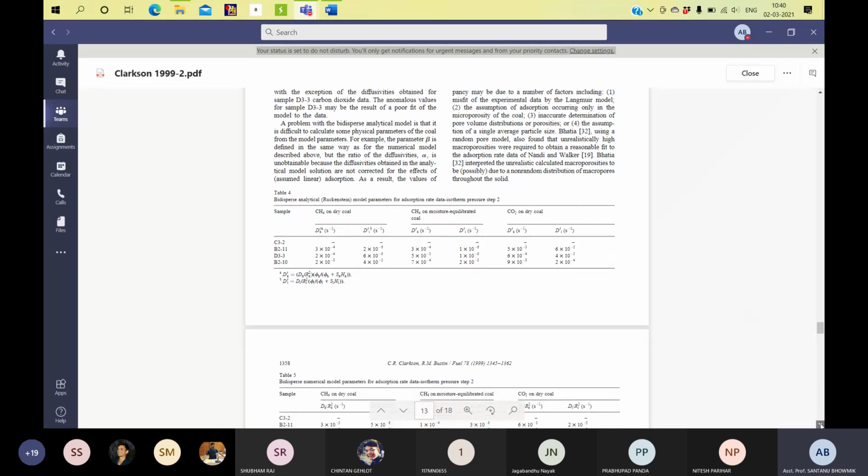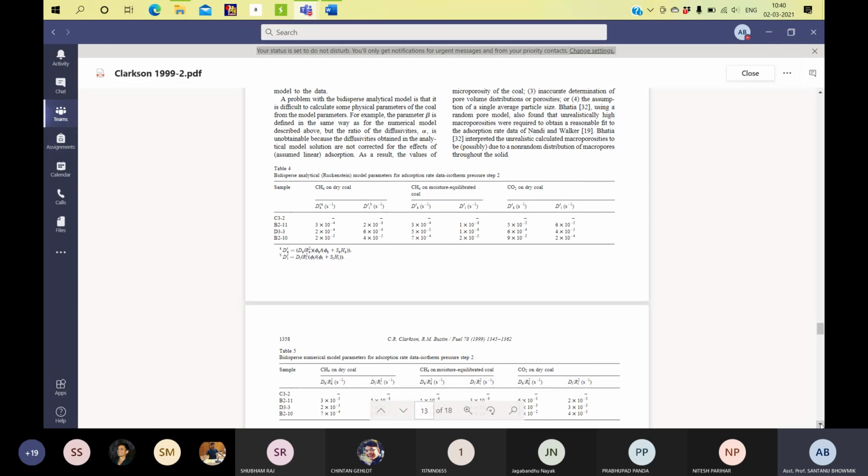And obviously you will be able to see that for methane, the diffusivity values are generally lower than carbon dioxide, because the adsorption rate of carbon dioxide is always higher, because the adsorption is always higher for carbon dioxide than methane. You have seen earlier that the ratio is always higher and it varies from 1 to 2 to more than that.